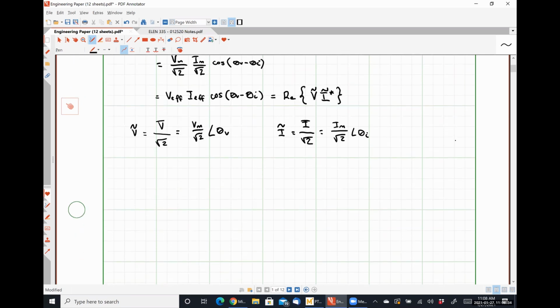So this complex power, V multiplied by I conjugate, has a lot of information buried within it. So I'm going to denote the complex power here.